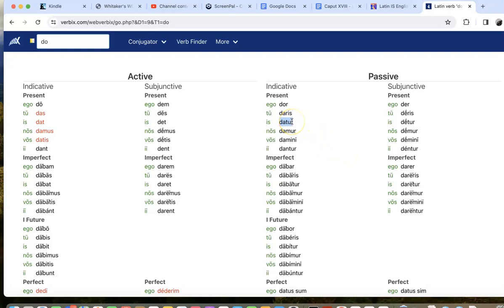We just have to learn one word and note that it means is being given, because it is present tense and it is passive indicative. We haven't had subjunctive yet, so you can take out the right columns. But for you grammar nerds out there, yay grammar, this is the big picture. If you feel like you're not being challenged enough, you can start writing out your verb tables in a notebook.